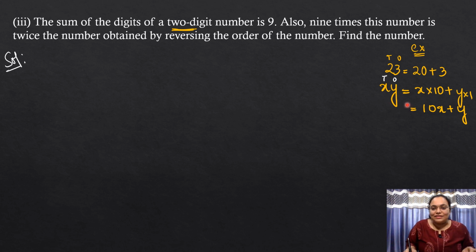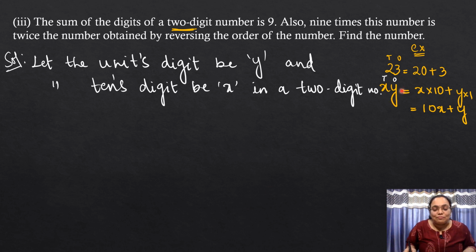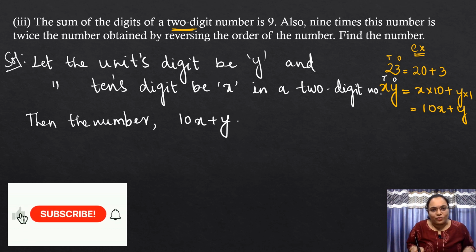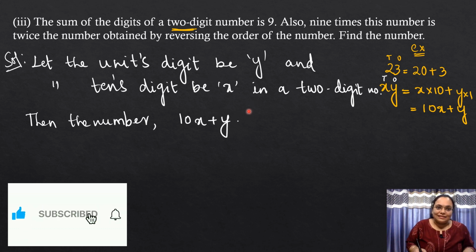So, let us assume units digit is y and tens digit is x in a 2-digit number. Then the number which will be formed by this 2-digit number will be 10x plus y. See the question.